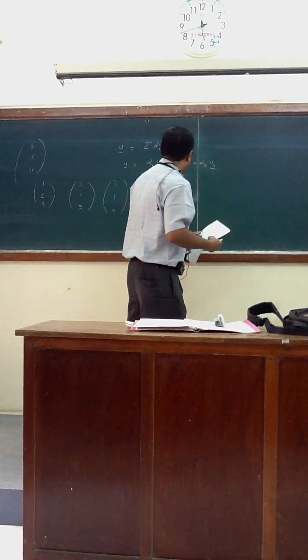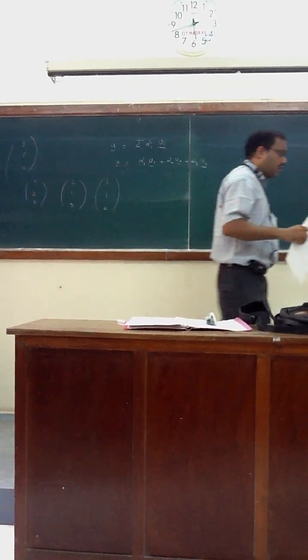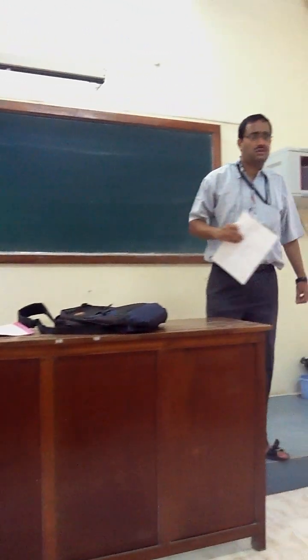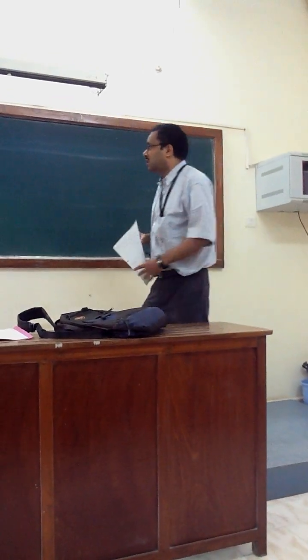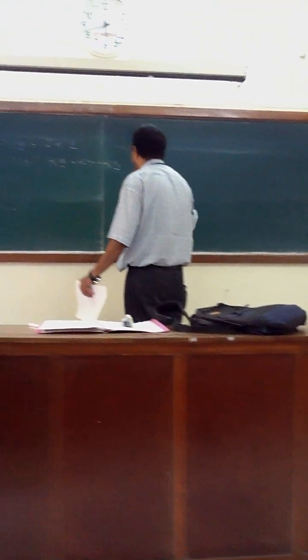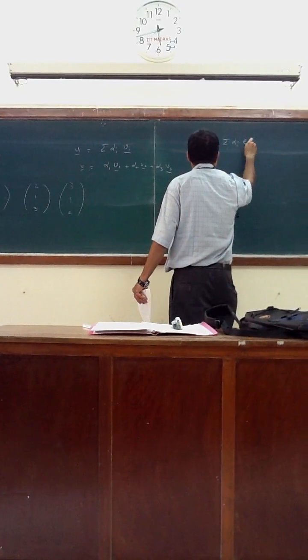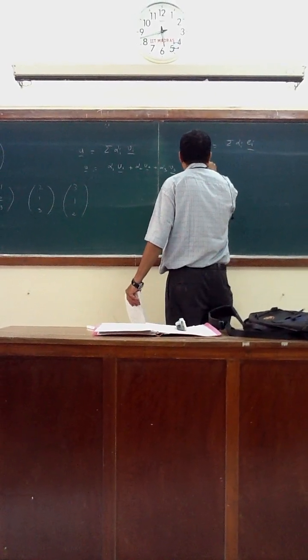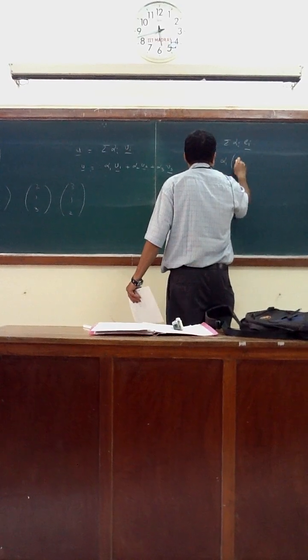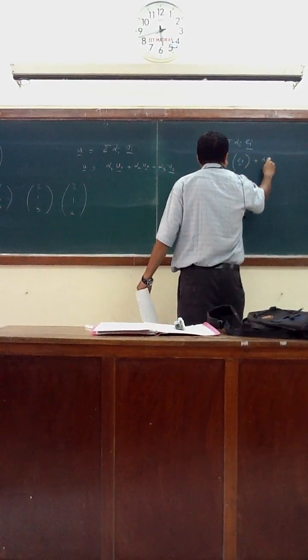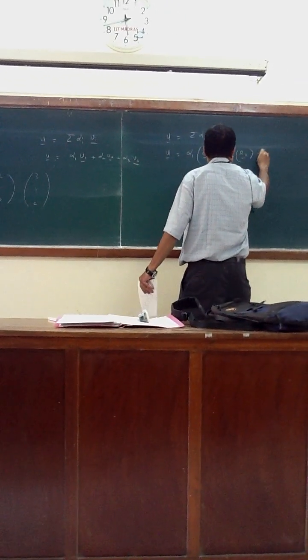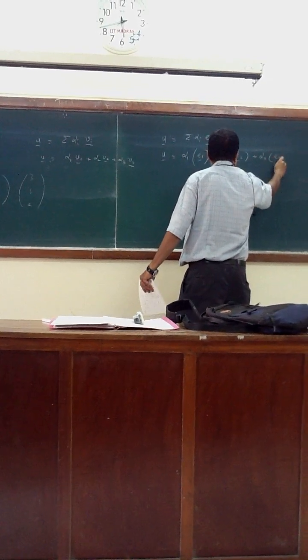And you have to solve if these basis vectors are not orthogonal. If these basis vectors are orthonormal, then U bar is the summation of alpha i Ei bar, that is alpha 1 E1 bar plus alpha 2 E2 bar plus alpha 3 E3 bar.